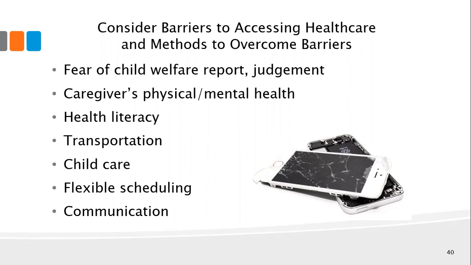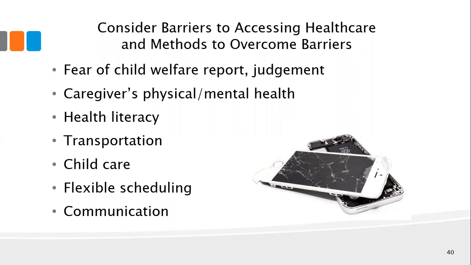Flexible scheduling, as mentioned before, is really important, so that we have allowances for families that might come late because of the issues in transportation, and so that we have hours outside of business hours. If a parent is working a minimum wage job, they may not have the ability to take time off to come to our appointments, so we need appointments available in the hours that they can join us.